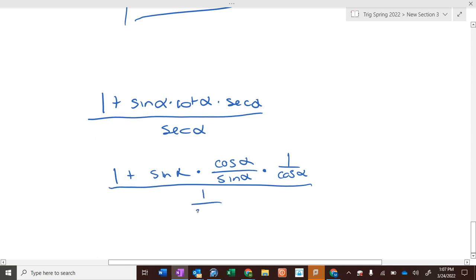Secant of alpha is 1 over cosine of alpha, right? So if we cancel, what does the numerator become? 1 plus 1, which, of course, is 2, for those of you forward-thinking people. So we get 2 over 1 over cosine of alpha.